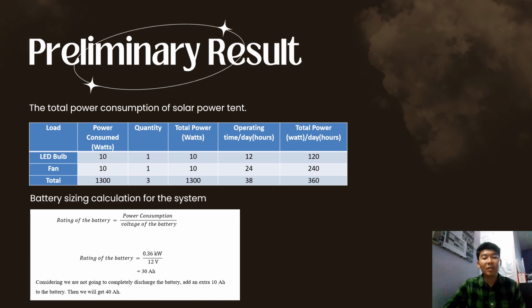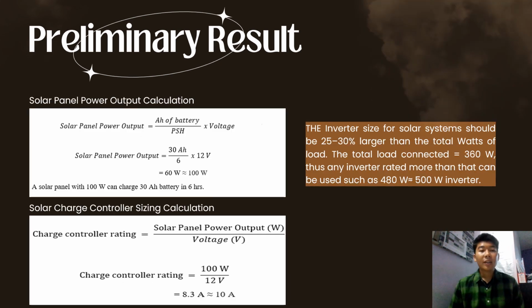Next is the battery sizing calculation for the system. As you can see, we are using this formula and we got 30 Ah. We consider not completely discharging the battery and extracting 10 Ah from the battery, and we decided to use 40 Ah. Next is the solar panel power output calculation.